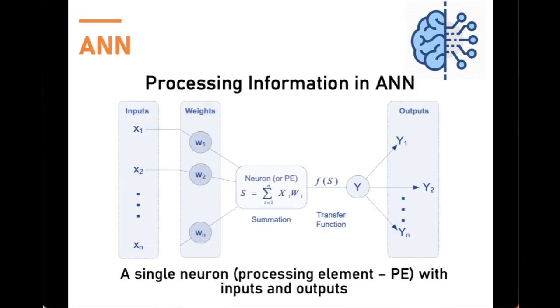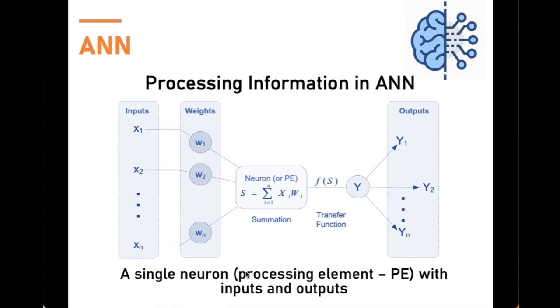And how does this information processing work in artificial neural networks? ANNs can be considered as weighted directed graphs where the neurons could be compared to the nodes and the connections between two neurons to weighted edges.